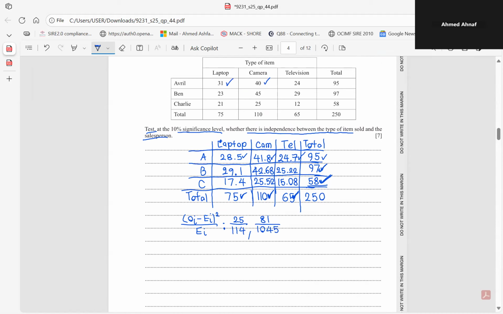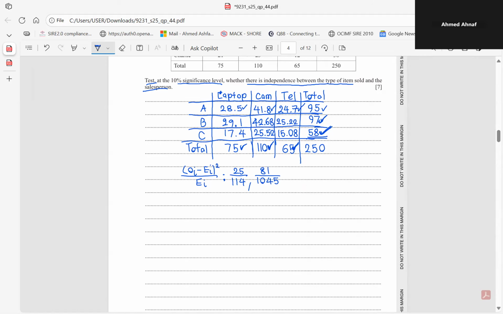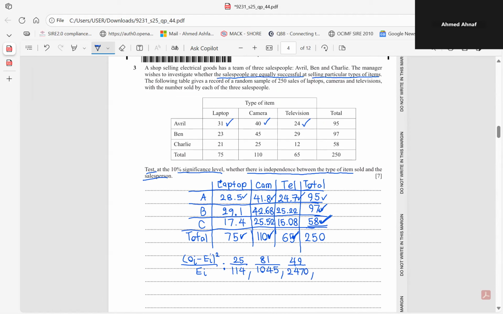The next one, observed is 24, expected is 24.7. So 0.7 squared over 24.7, you get 49 over 2470. Then the next one, observed is 23 and expected is 29.1, so 23 minus 29.1 squared over 29.1.